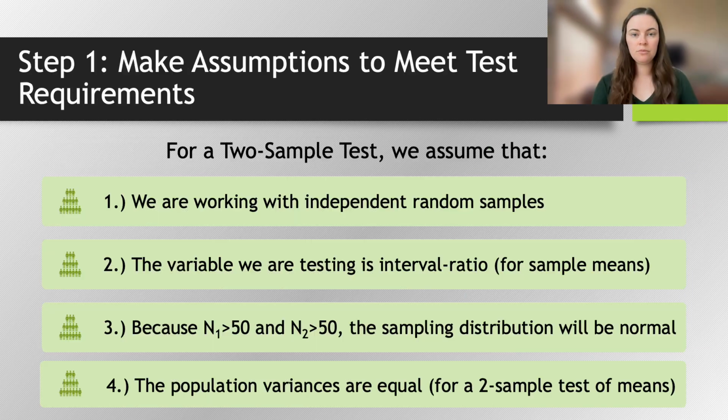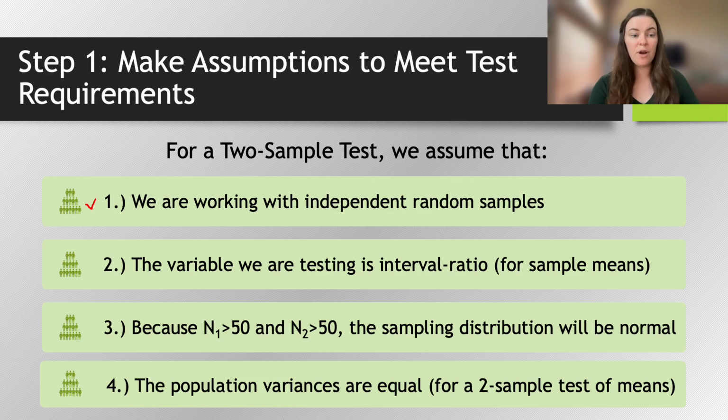Our first step is to state our assumptions and ensure that we are meeting our test requirements. This looks a little bit different now that we're using both a two-sample test and for means, so I want you to pay a little bit more close attention to this particular slide. First, we are working with independent random samples.